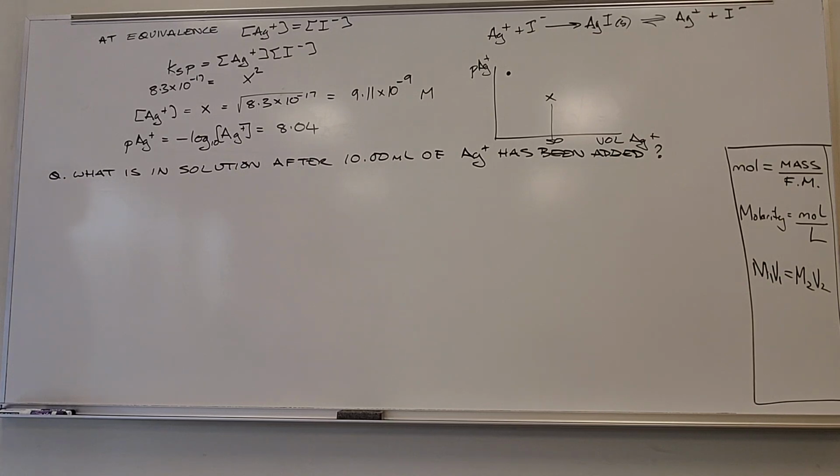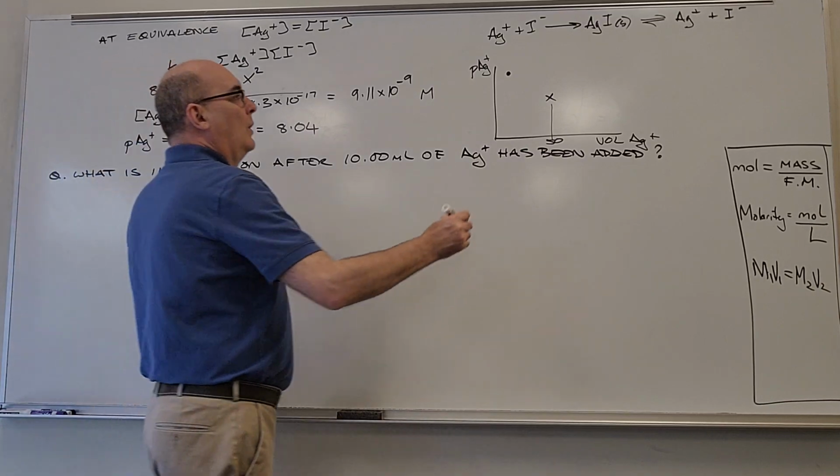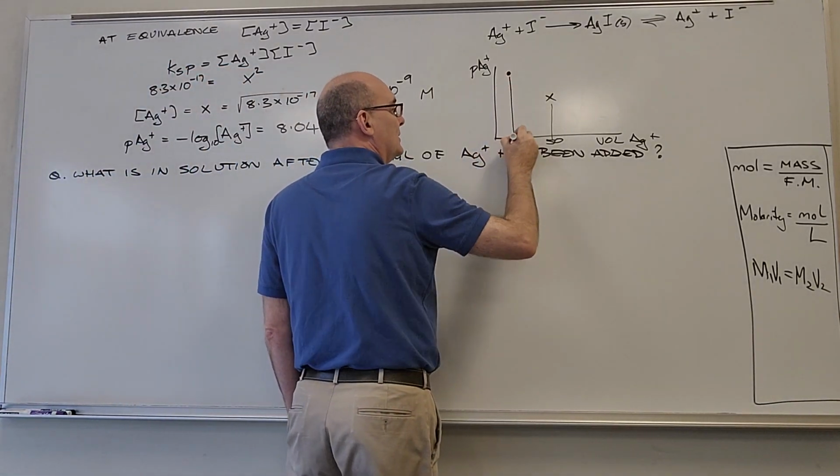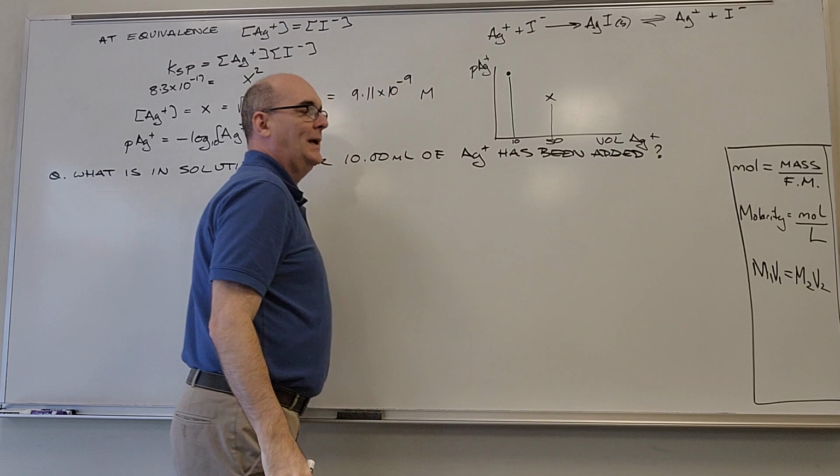M1V1 equals M2V2 told us that to make all of the iodide go away, we're going to need 50 milliliters of silver. Okay. What's in solution when you've only added 10?